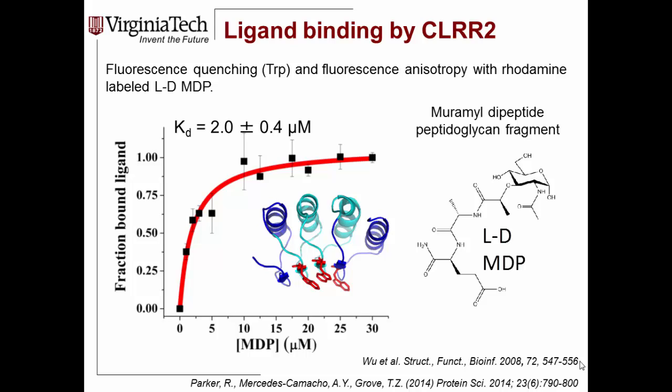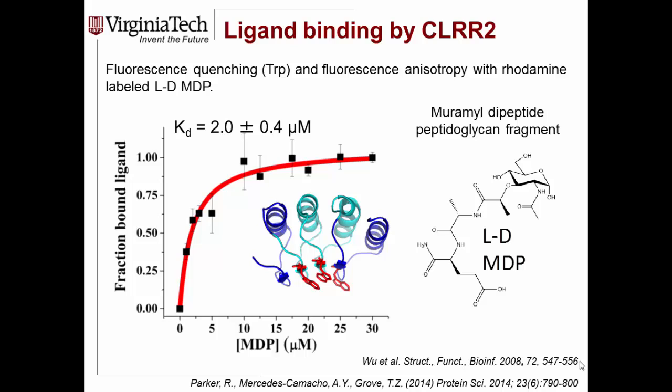This protein is well expressed, it's folded, it has a Tm of about 60 degrees Celsius, and to our very big surprise, this protein is capable of binding a fragment of the bacterial cell wall called muramyl dipeptide without us performing any special affinity maturation.